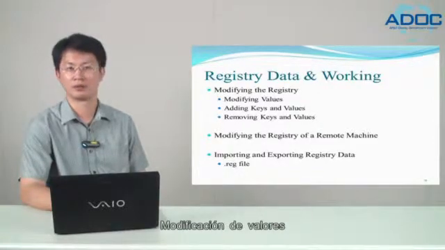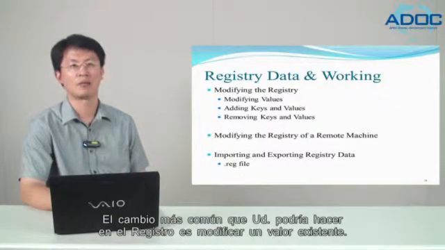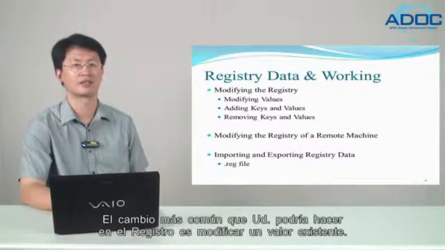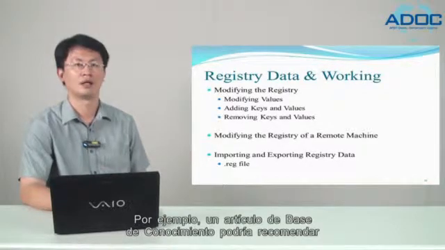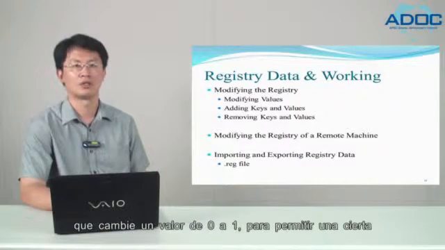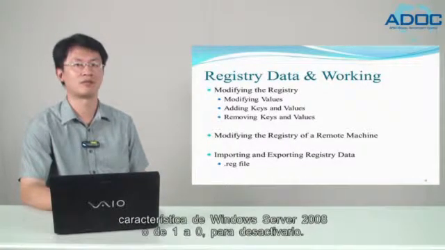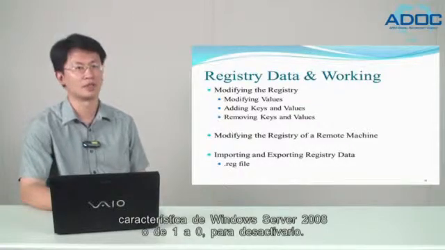Modifying values: the most common change you will make to the registry is to modify an existing value. For example, a knowledge base article might recommend that you change a value from 0 to 1 to enable a certain feature in Windows Server 2008, or from 1 to 0 to disable it.